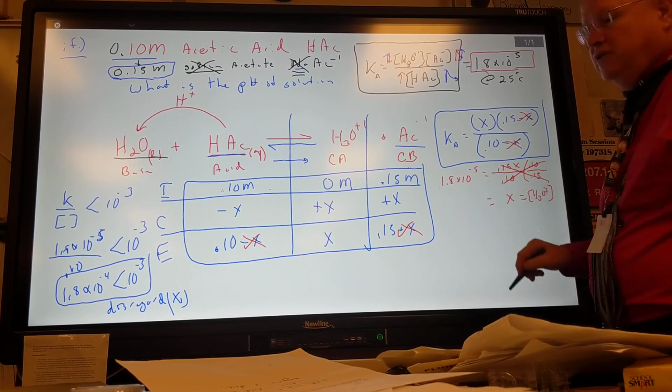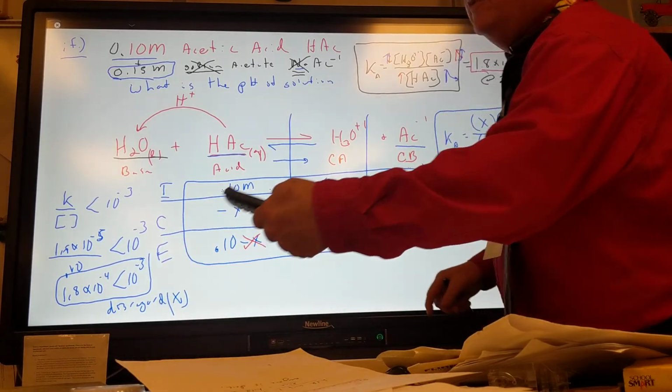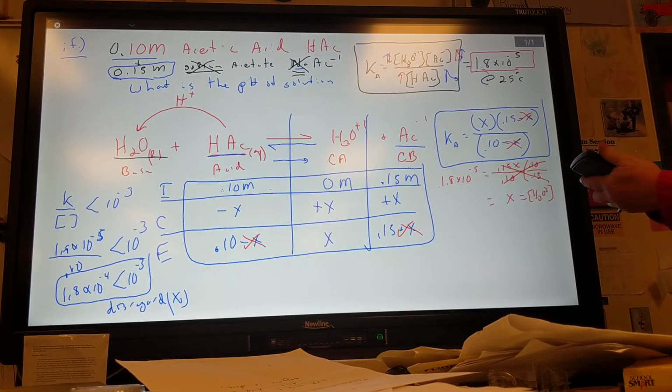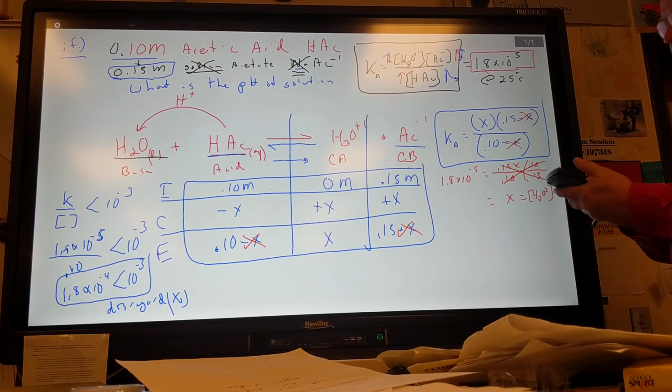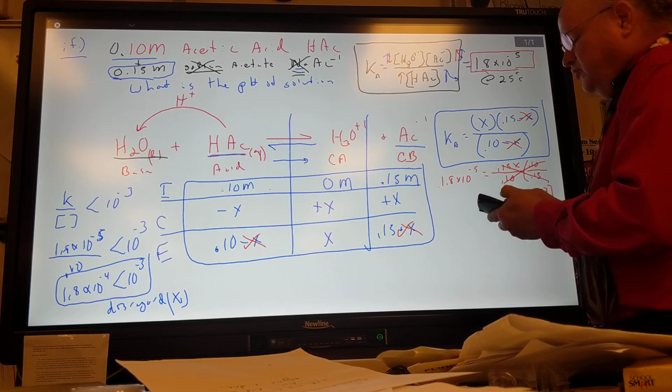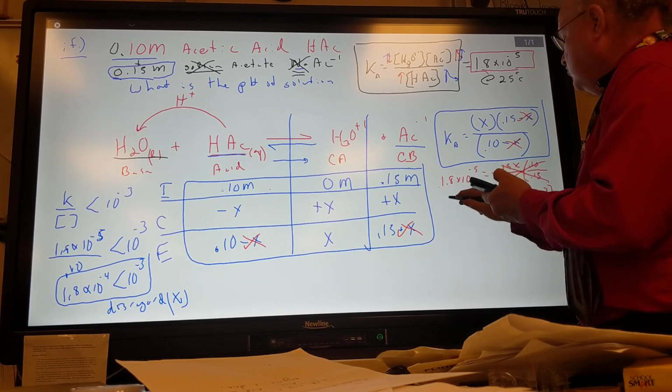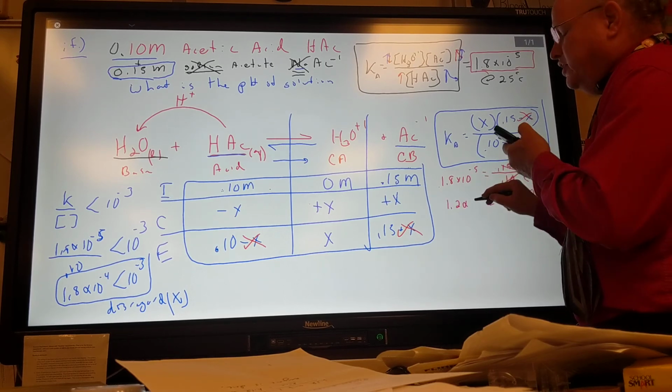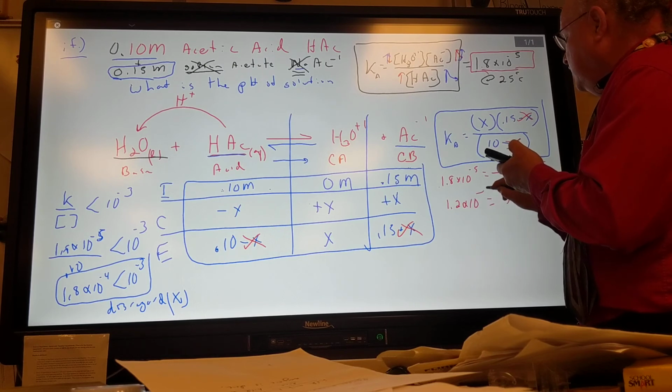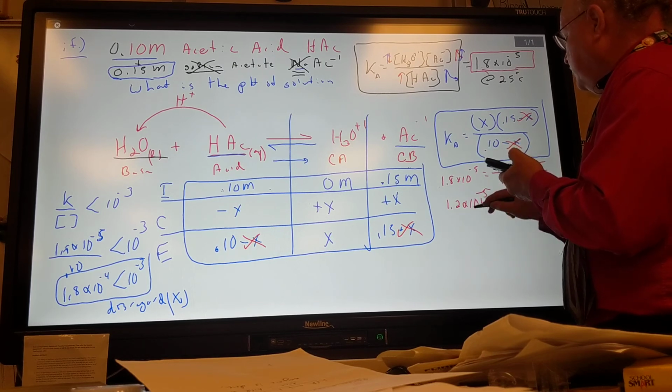Keep that in mind. Quick calculation: 1.8 times 10 to the negative fifth, times 0.1 divided by 0.15. So this number is 1.2 times 10 to the negative fifth molar.